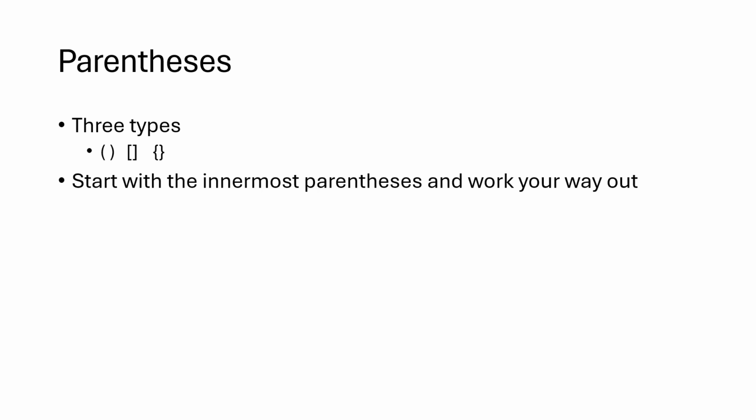Okay, so there are 3 types of parentheses. We have the very common parentheses, the brackets, and a third type whose name I forgot. Usually they don't use the same one repeatedly in equations, like x plus x, because it's a lot more complicated to look at.